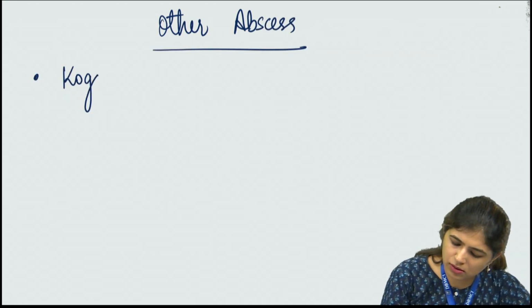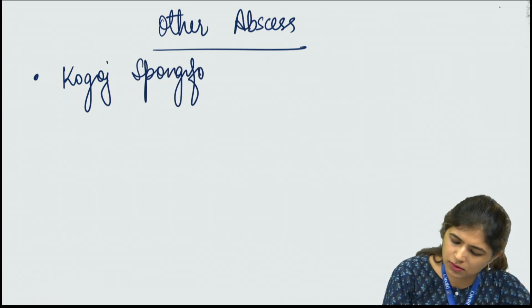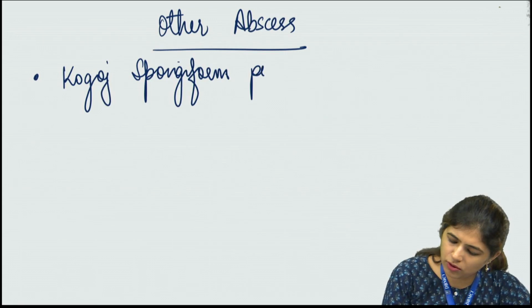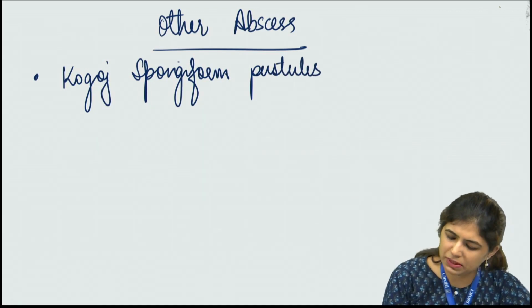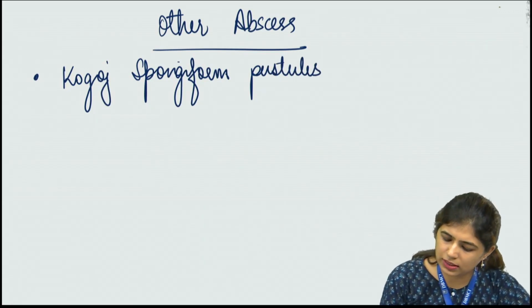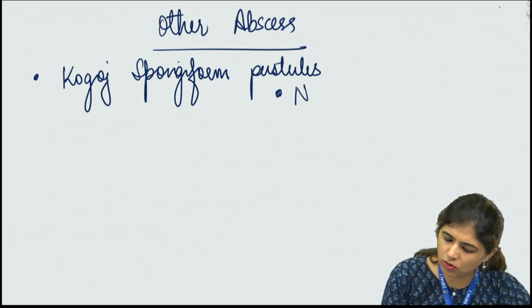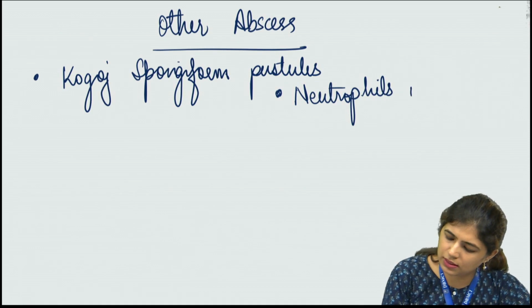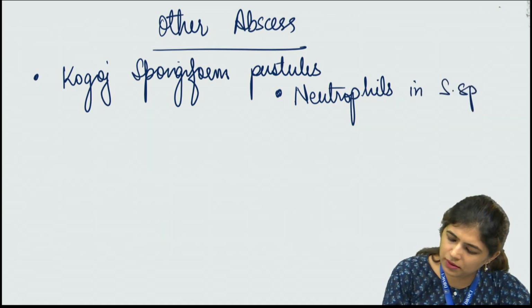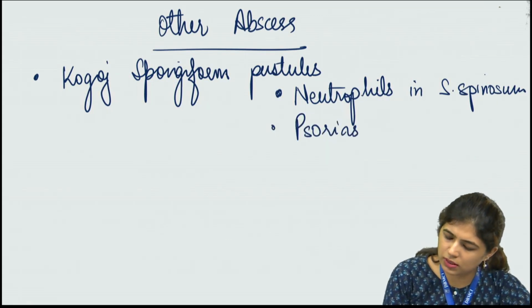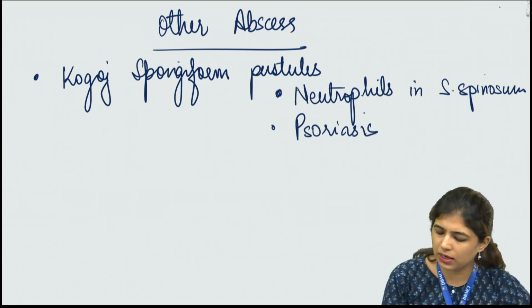One is Kogoj spongiform pustules. What are these? These are a collection of neutrophils in the stratum spinosum in patients of psoriasis. Clear?